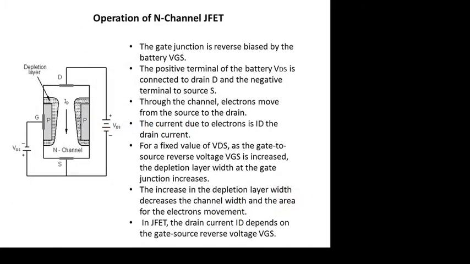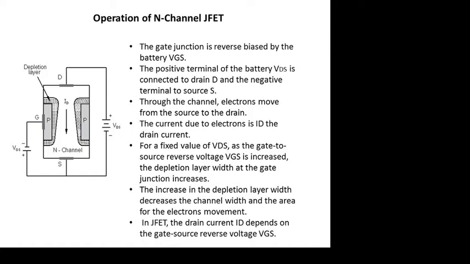Then about the operation. The gate source junction is always reverse biased, and the positive terminal is connected to the drain, and the negative terminal is connected to the source.